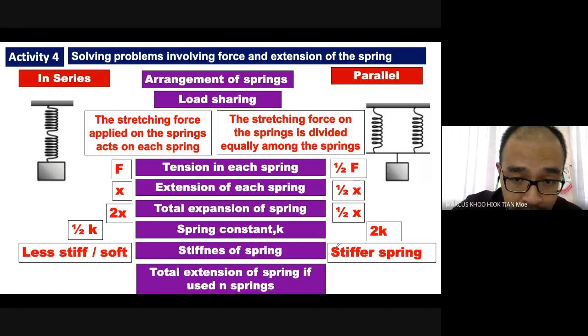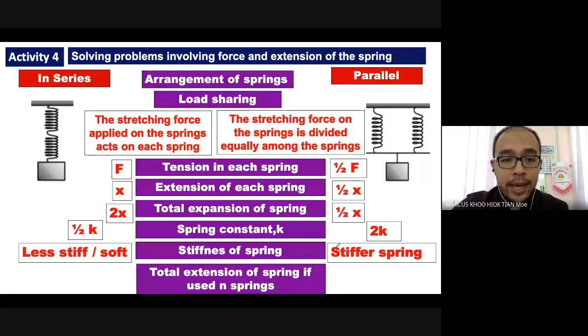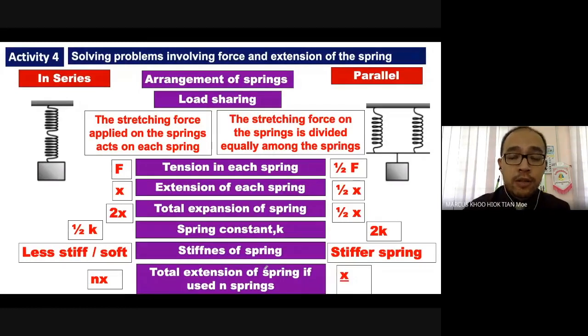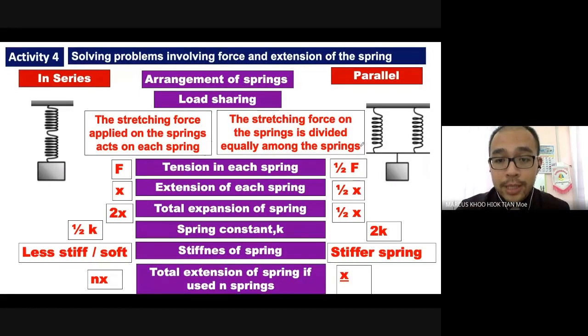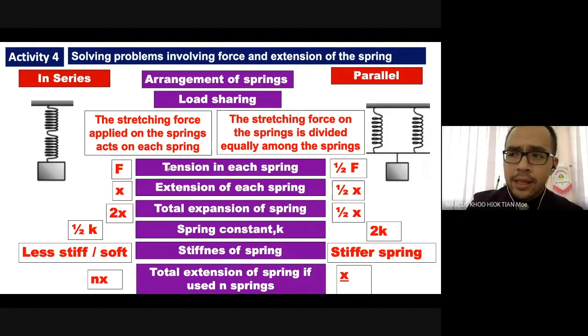Okay, the total extension of spring will be N times X. Nanti saya cakap pasal ni lah. Manakala the total expansion of spring, if use N springs, is just X only on its own. So these notes actually are not in your handout, and I think they are in your textbook. Is this in your textbook? Can somebody check your textbook?